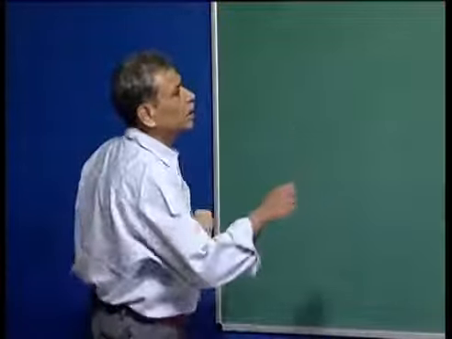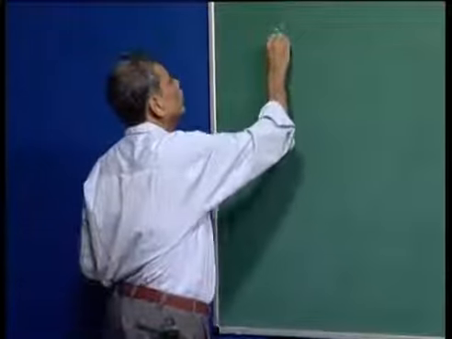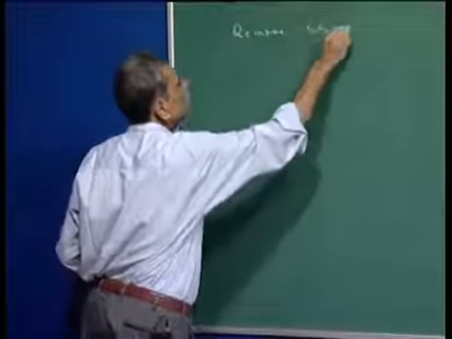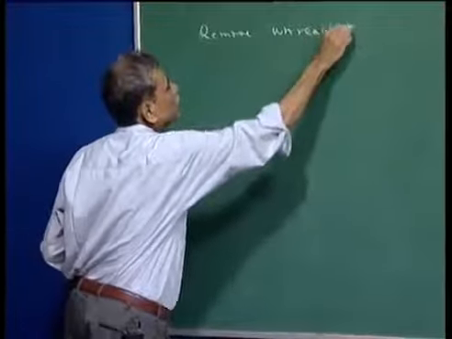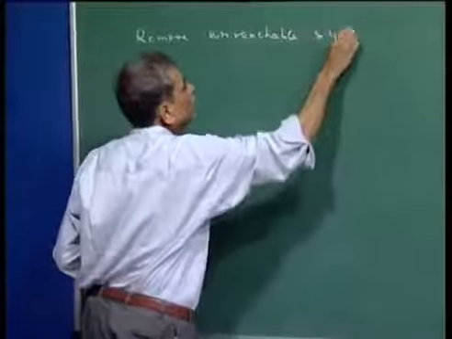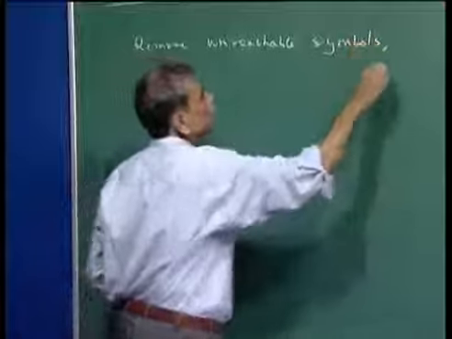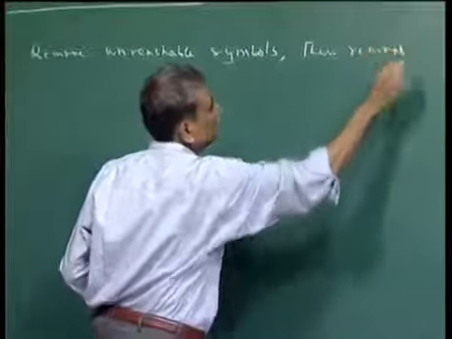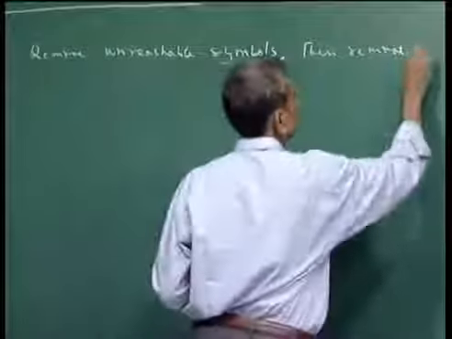Choice 1 was: first remove unreachable, and then remove non-generating.